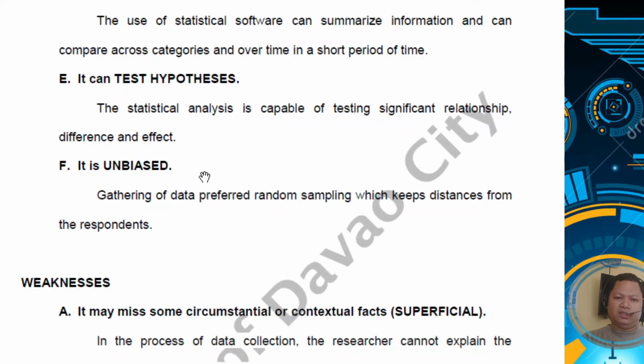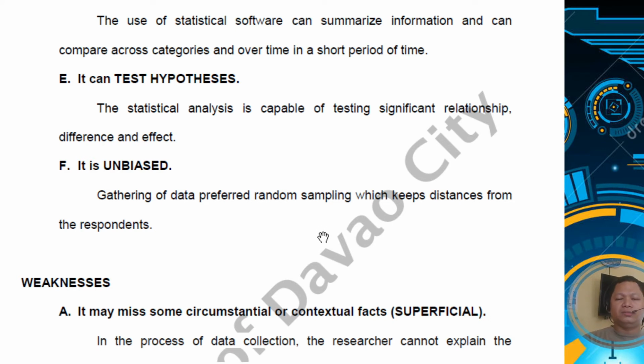The letter F, it is unbiased. Just like what I said earlier, it's unbiased because it is already structured. Aside from that, it follows random sampling. So any one of the respondents can participate in a study, and you can select randomly.